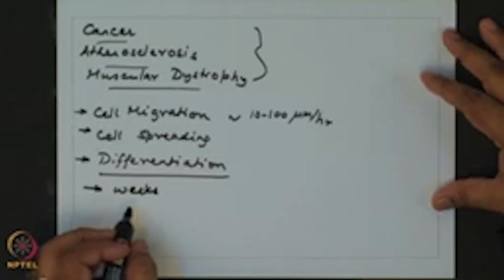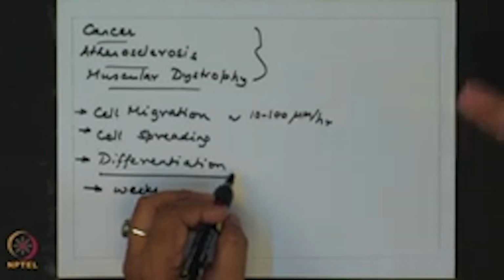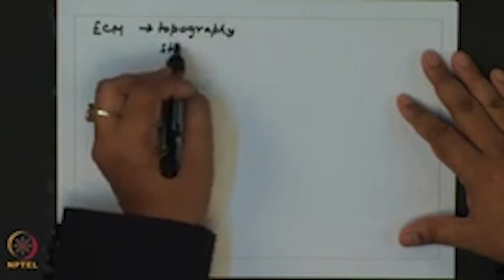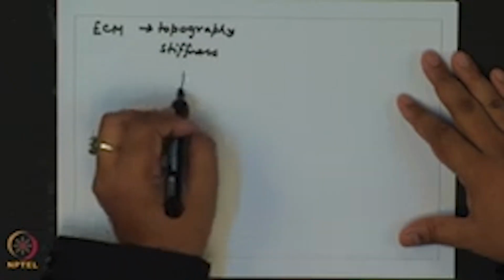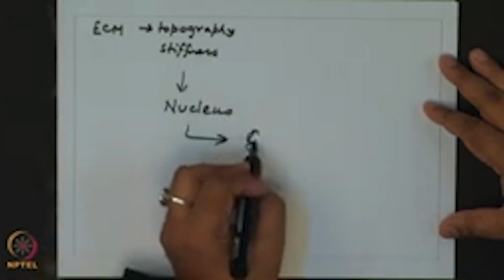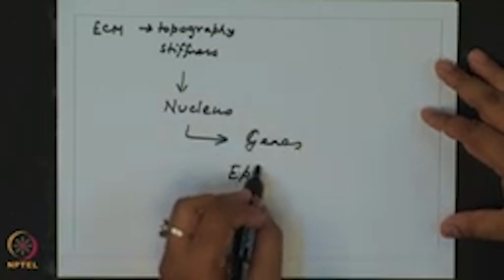So, there are a lot of changes associated with a stem cell differentiating into a neuron or a muscle cell or an osteoblast. What dictates it requires that these physical signals, which are encoded by the ECM in the form of topography or stiffness, reach the cell nucleus and activate various genes, and it is not just genes, you also have epigenetic changes.